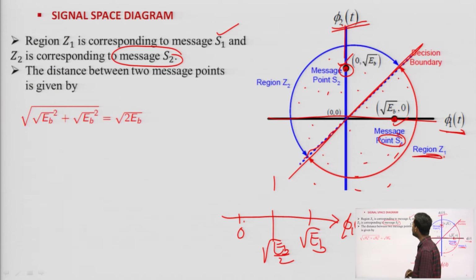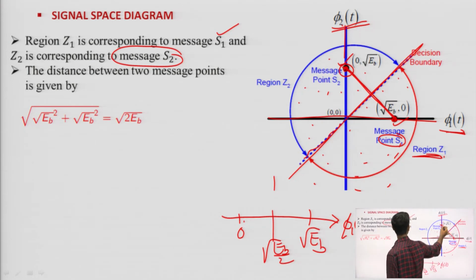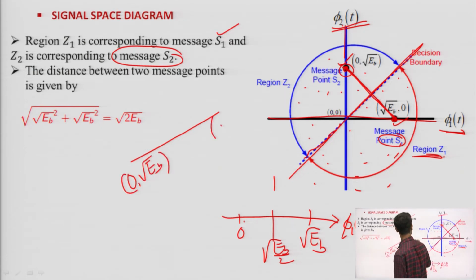The distance between the two message points I can find from the basic coordinate system. The two points are 0, root EB and root EB, 0.